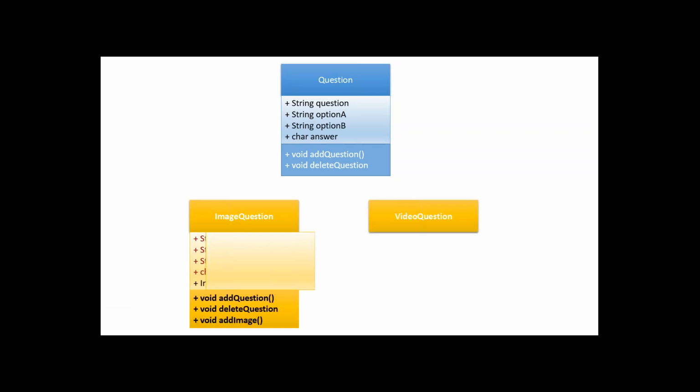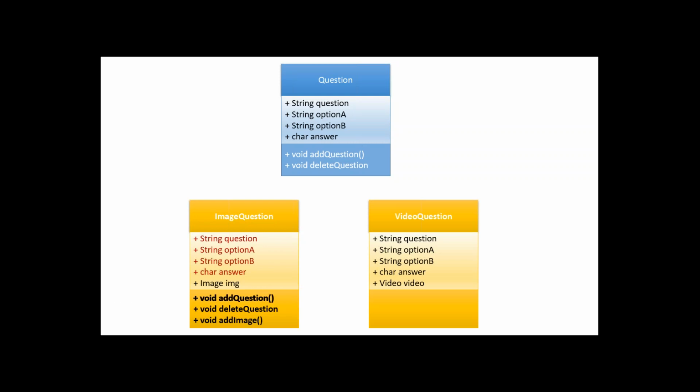Now over here we have got a question, wherein you have got option A, option B, add question and delete question. And the other two types of question we have are image question or multiple choice question, or video question. So the additional attribute in image question is image, and the additional attribute in the video question is video.